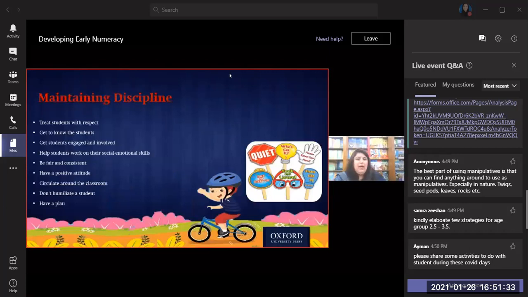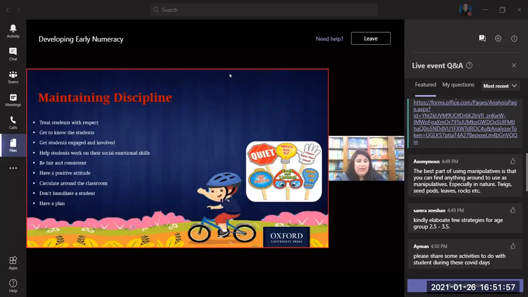And as far as the discipline is concerned, we must treat students with respect because they are little and they feel happy if they are given the respect. We need to get to know the students because building a relationship with our students is very, very important.